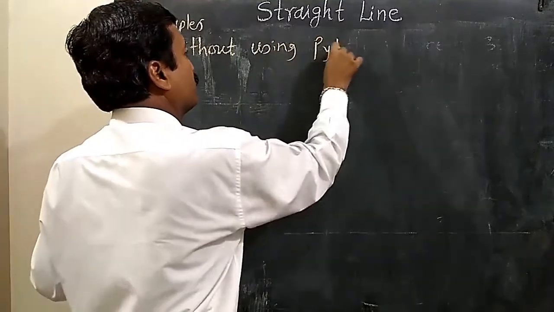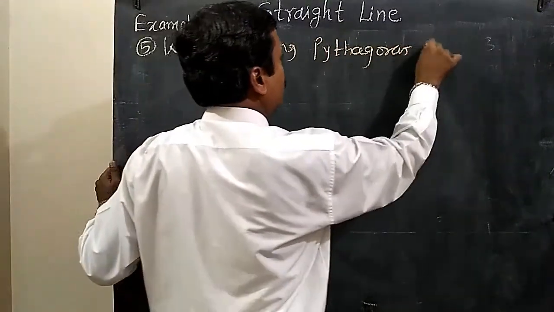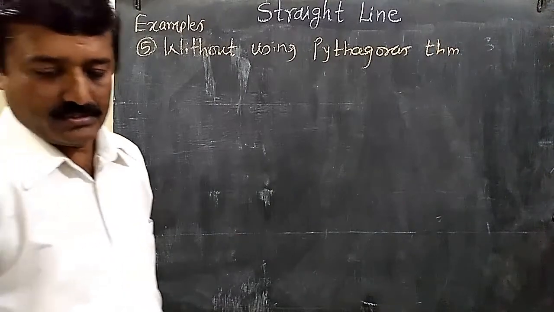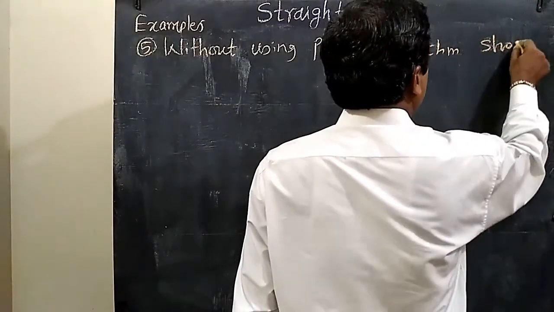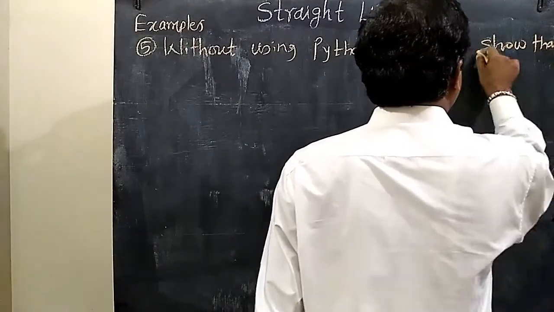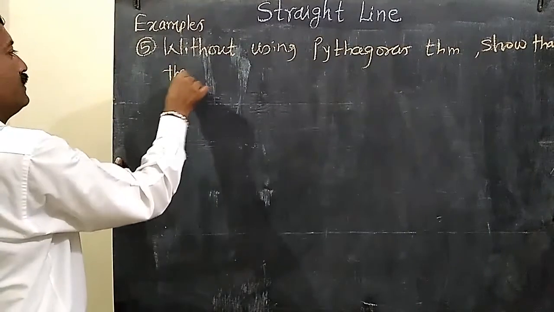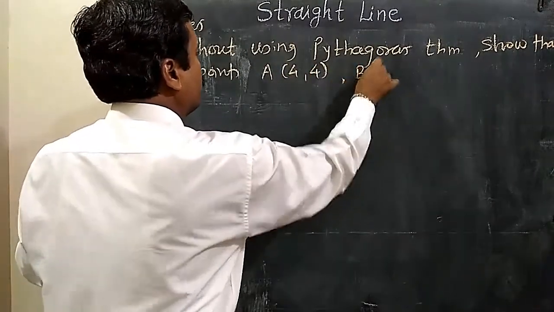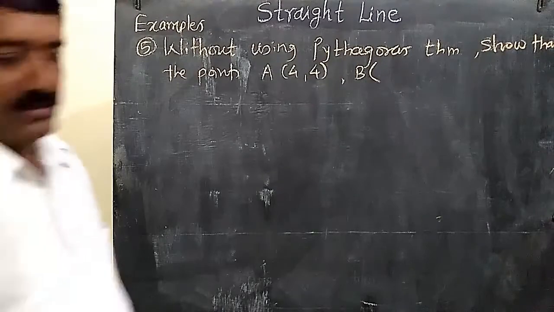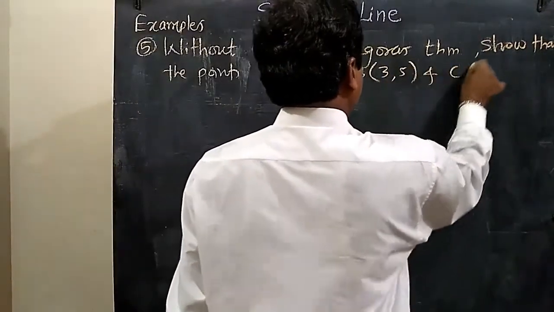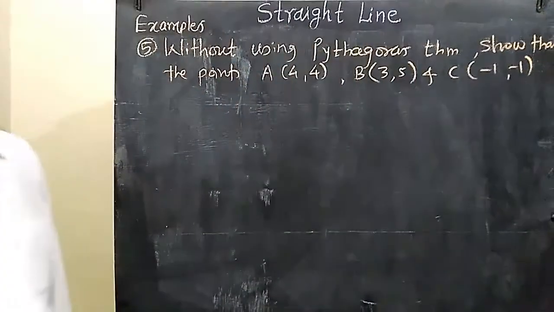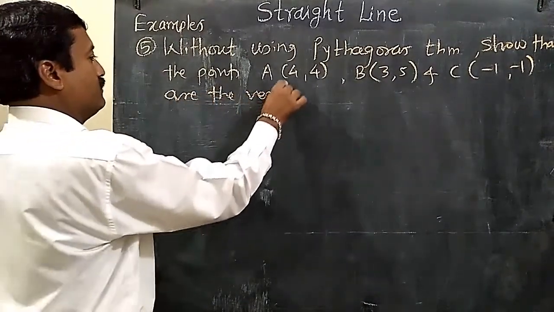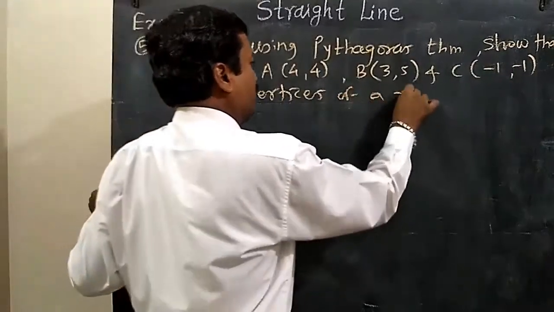Without using Pythagoras theorem, show that the points A (4, 4), B (3, 5), and C (-1, -1) are the vertices of a right angle triangle.